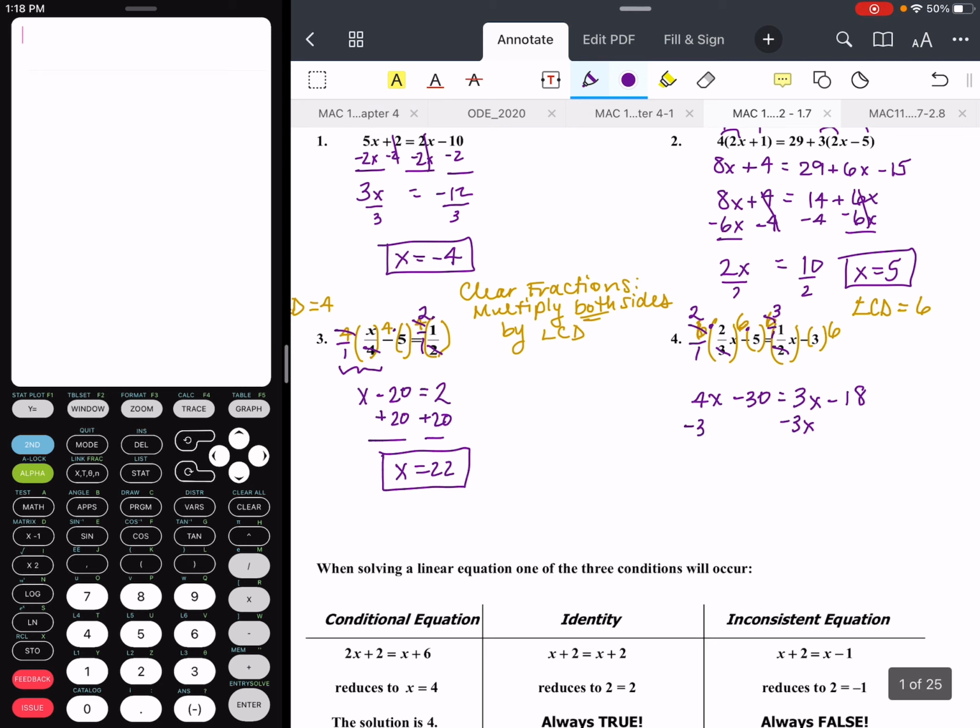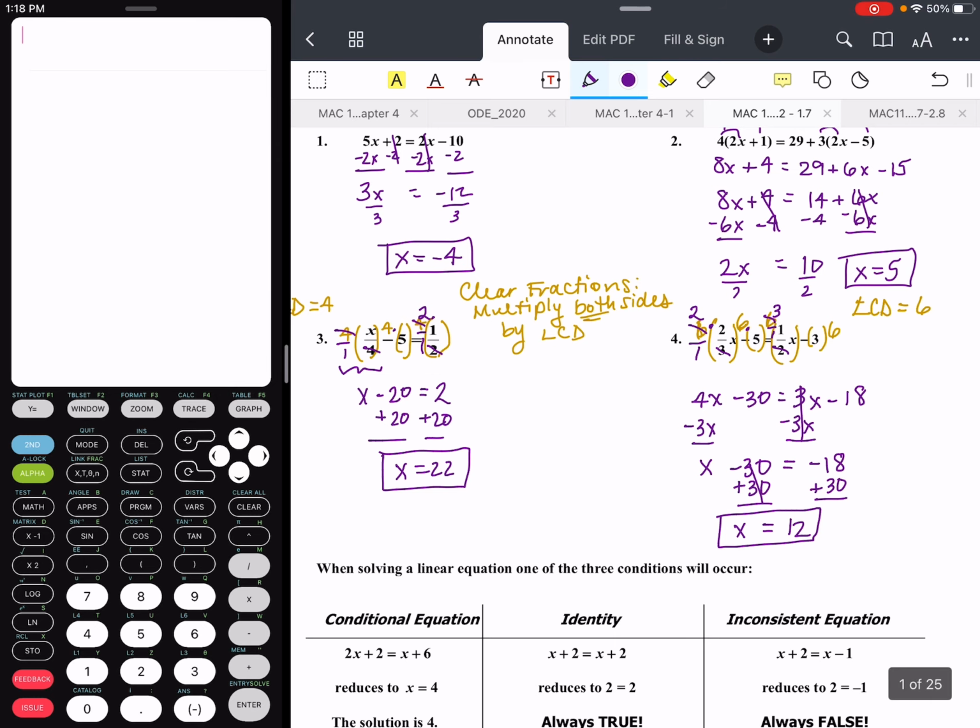Move my variable terms. That gives me x minus 30 equals negative 18. Add 30 to both sides, and this gives me x equals 12.